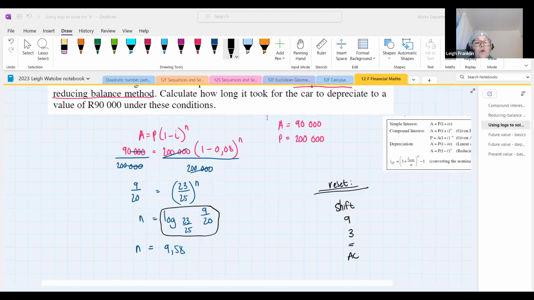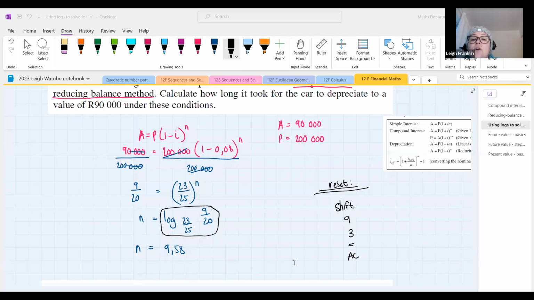So if you wrote 9,57 and Gugu wrote 9,58, your examiner should mark both of them correct. Okay, I mean, if you're wildly wrong, then obviously not. But if you're just out by 9,57 as opposed to 9,58, they'll still give you the marks for that. Okay. So I hope that answers that question.